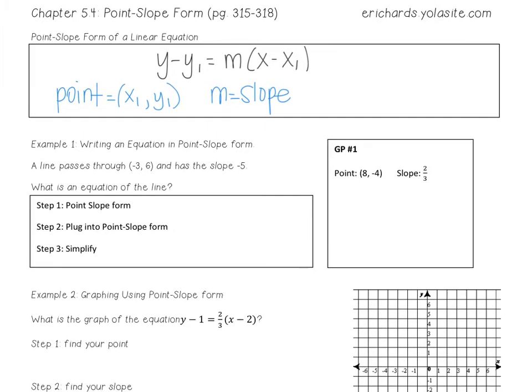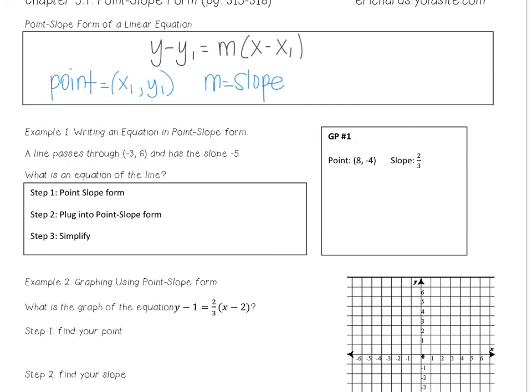So for example 1, we are given a point and a slope, and they want us to write the equation of the line. So point-slope form is y minus y1 equals m times x minus x1. We're going to plug in our stuff. So we're going to say y minus the y in the point, which is 6, equals m, which is the slope, negative 5, times x minus the x in the point, which is negative 3.